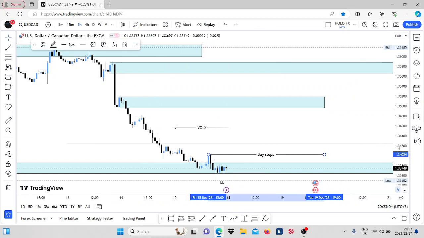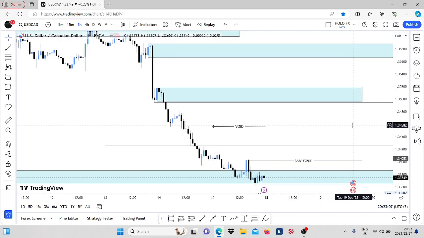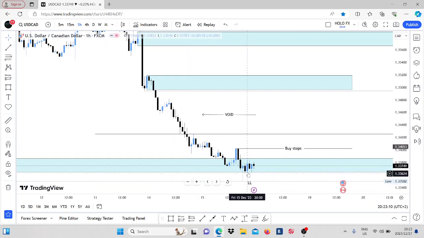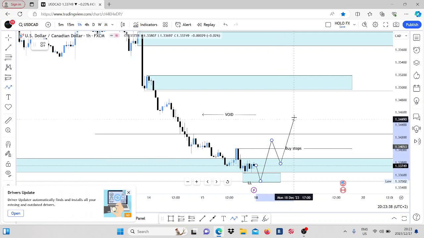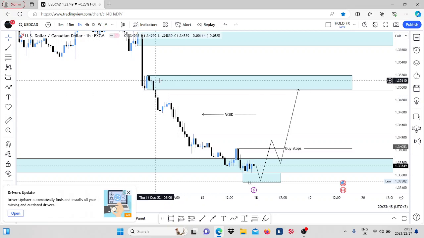So on the buy side, it would be very nice if price did its thing, where it came to the low, broke structure, did a bit of a retest, then continued to fill in the void and tap into a fair value gap in line with an order block found on a 1 hour chart.